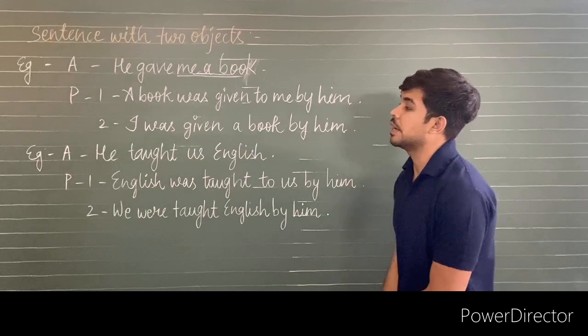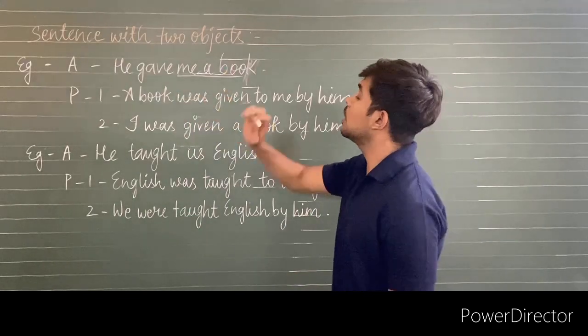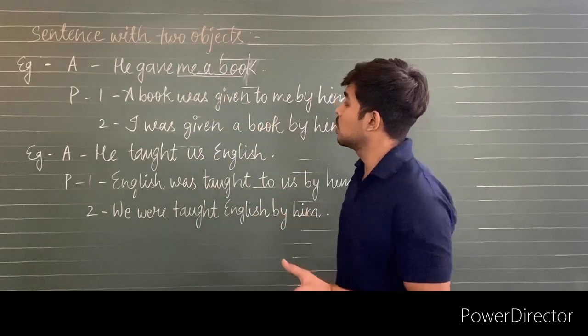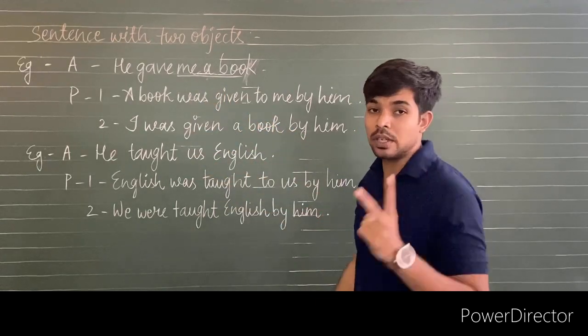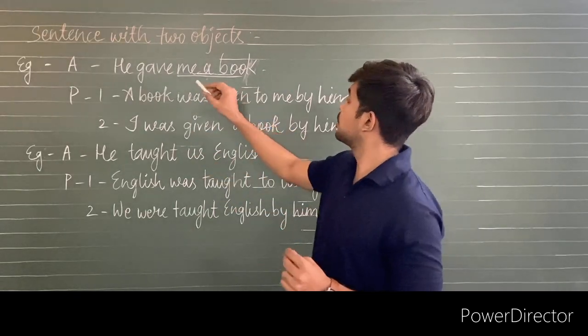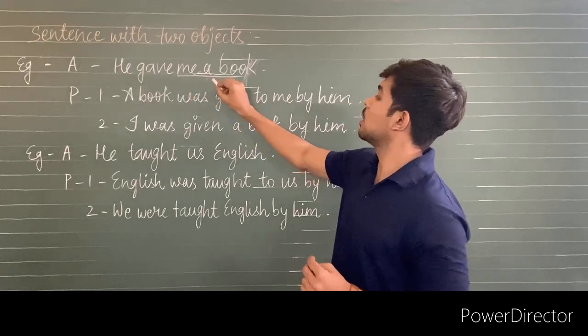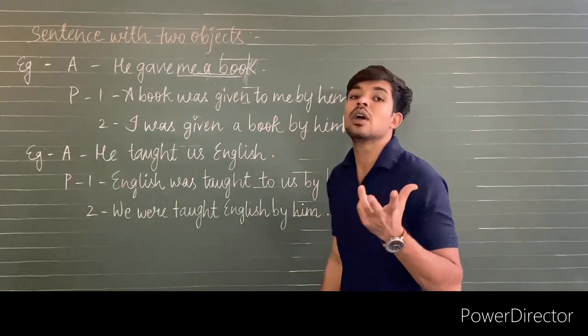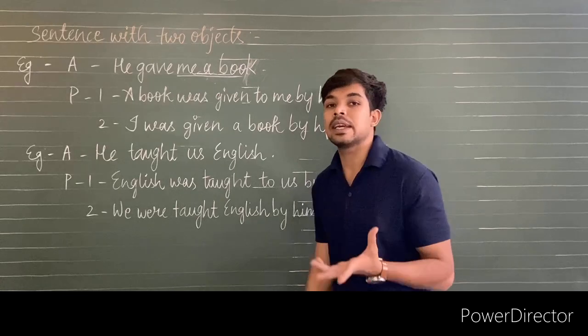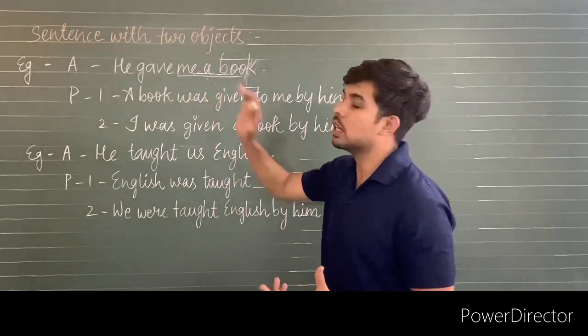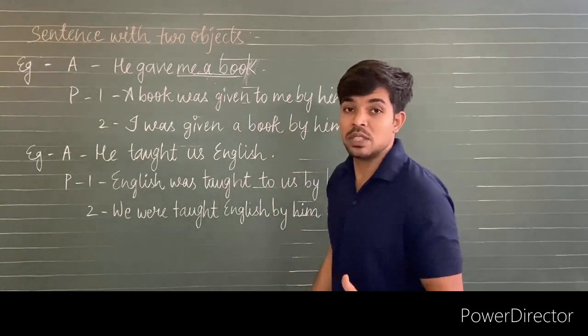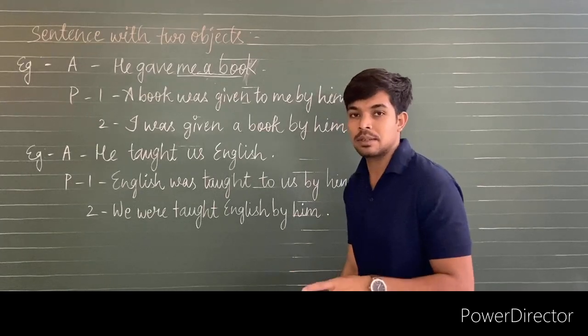So here we have a sentence, he gave me a book. In this sentence we have two different objects: the first object is me, and the second object is a book. So in passive voice we can use either one of the objects to make the sentence.